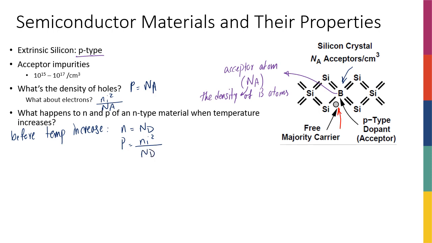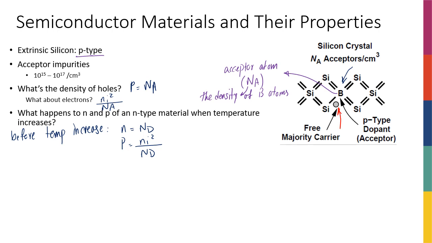What will happen if I increase the temperature? So what would be the new N and what would be the new P? Of course, I don't want you to actually calculate an actual number, but what do you think is going to happen, in terms of increasing, decreasing, remaining constant, and things like that? Try to think about it for, well, let's say 30 seconds or 1 minute, and then resume the video and we'll talk about it together.